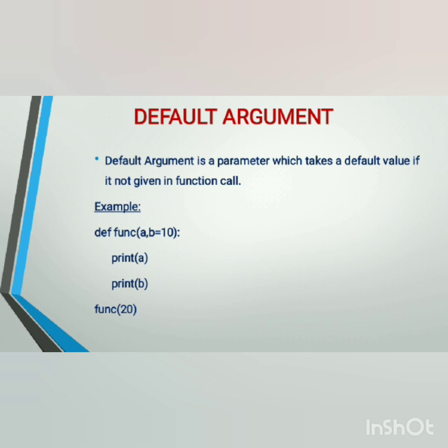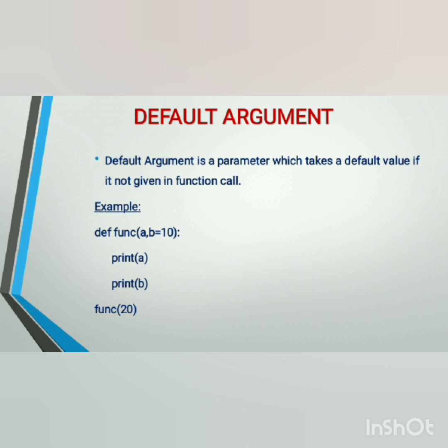I am repeating: if you are not passing any value in the function call, it will take the default value assigned in the parameter. This concept is called default argument. Let's see the example. Here I have used def, a keyword, then I am giving the function name func.